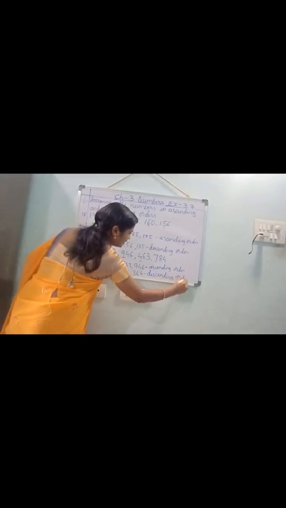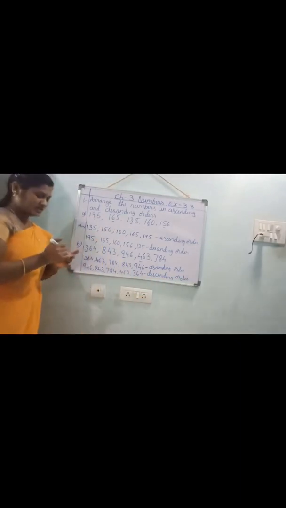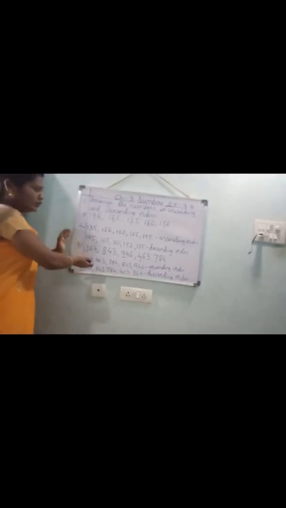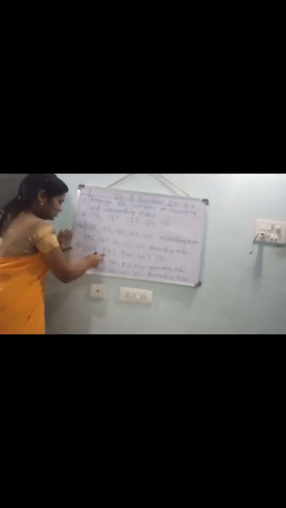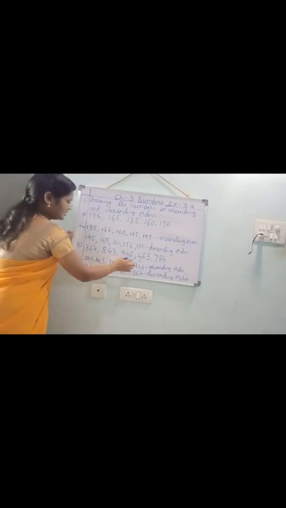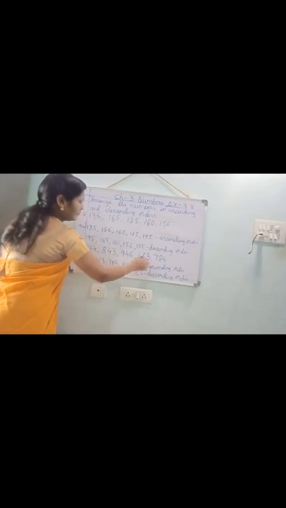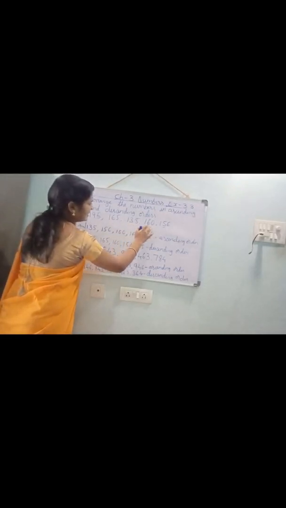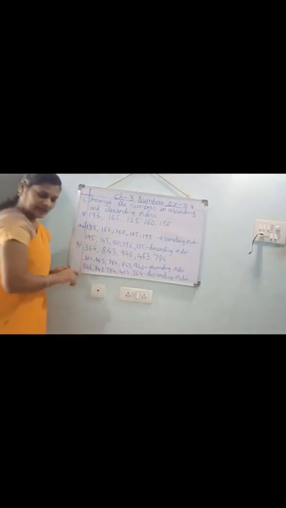Already you know comparing the numbers. Comparing the numbers means which one is small, which one is big. Already you know that. If you know that, you can do this easily. Understood, children? What I am saying? If you know comparing the numbers, you can easily do ascending order and descending order. Understood?